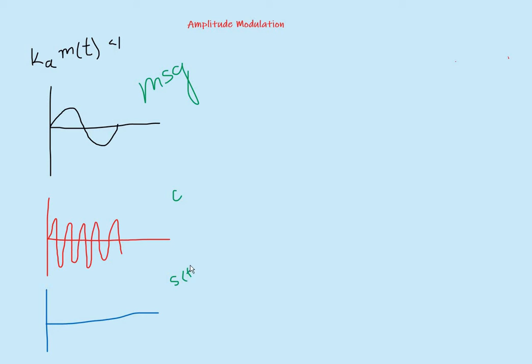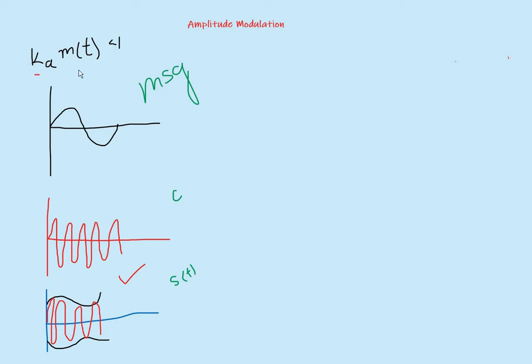So once we are modulating it, the amplitude of our message signal is traced by the carrier signal like this. So what happens? This is the proper modulation that happens.